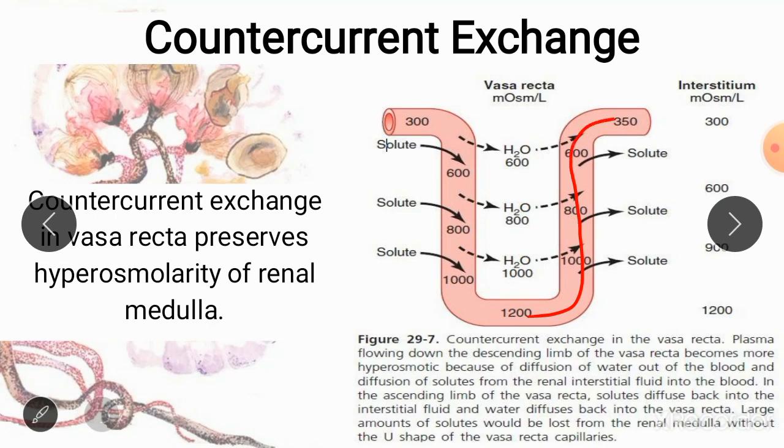By the time the peritubular capillaries reach back to the cortex, they have an osmolarity of 350 milliosmoles. So they only succeeded in taking away 50 milliosmoles of solute as they pass from the medulla towards the cortex again. So the U shape of the peritubular capillaries helps in maintaining the osmolarity of the renal interstitium.